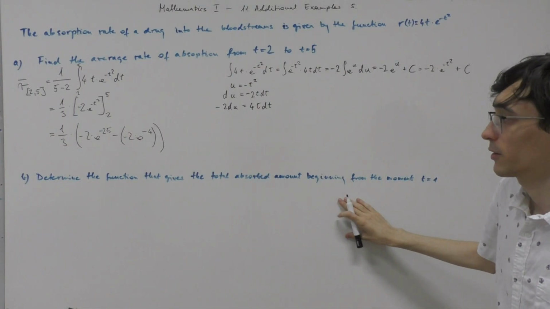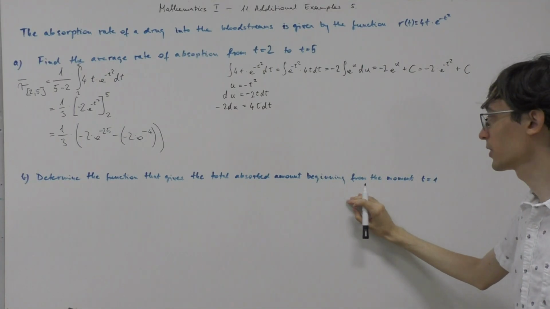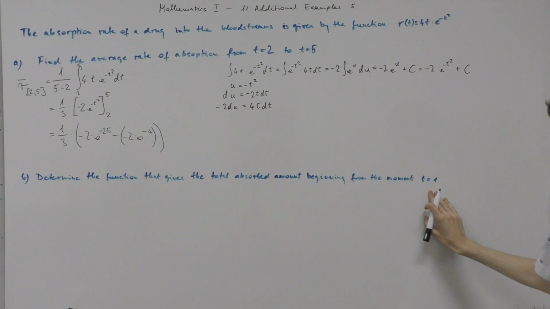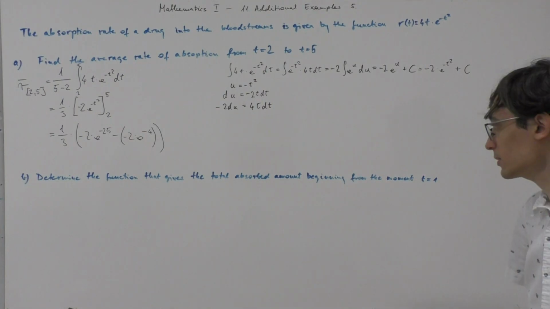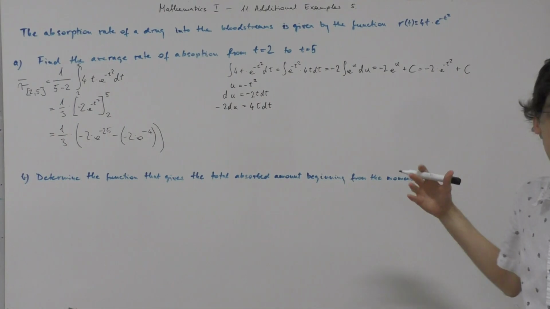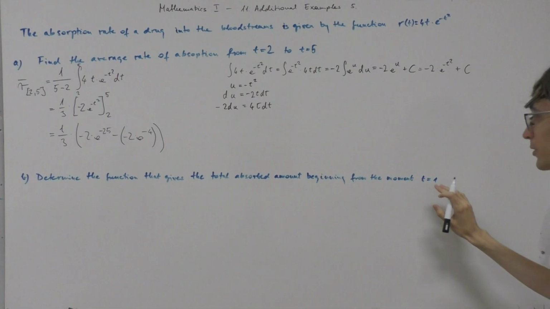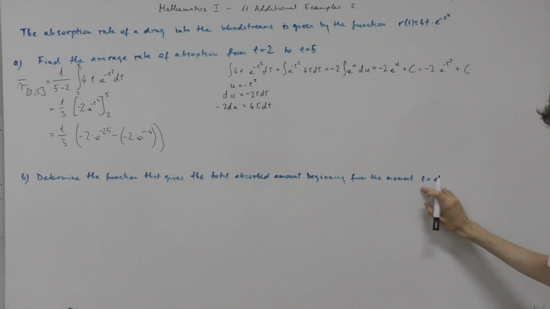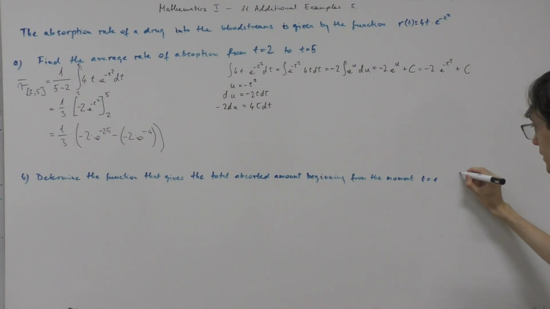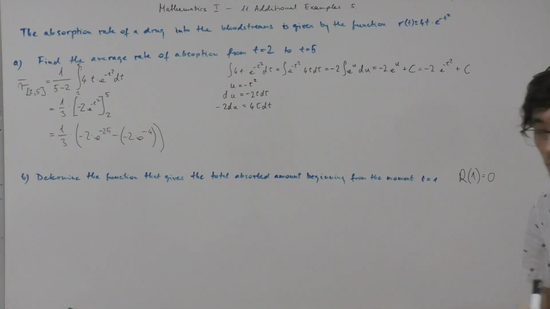In part B, we must determine the function that gives the total absorbed amount beginning from the moment t equals 1. Of course, this means that we have to find the integral function of our rate of absorption with the constraint that in 1 it must be 0, so capital R of 1 must be 0.